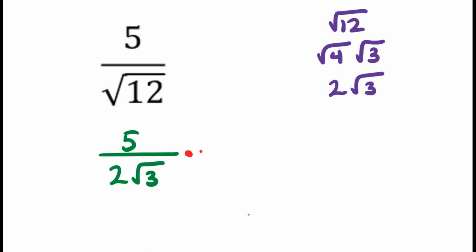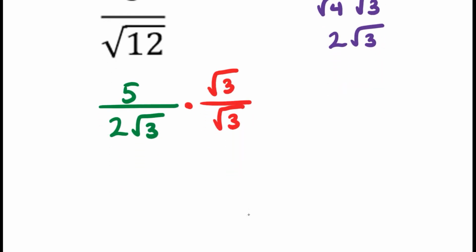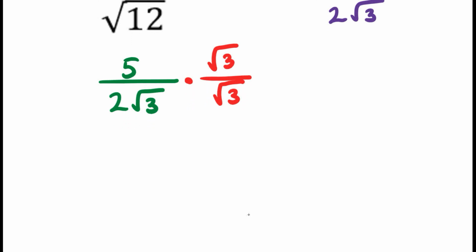And then when I rationalize, I just need to multiply by root 3 over root 3, because this 2 being in the denominator is not the problem. It's the square root that I no longer want in the denominator. In the numerator, we get 5 root 3. In the denominator, we get 2 times the square root of 9.